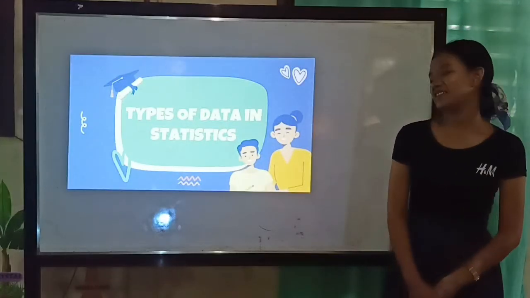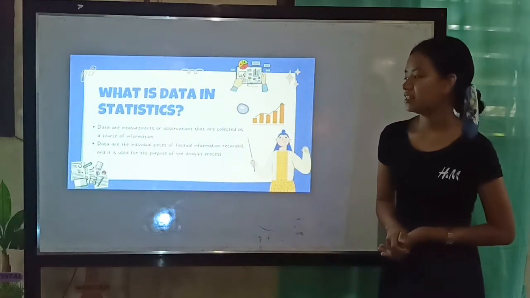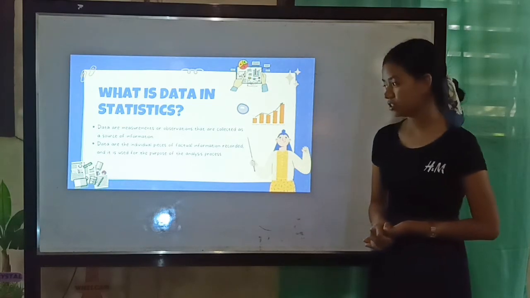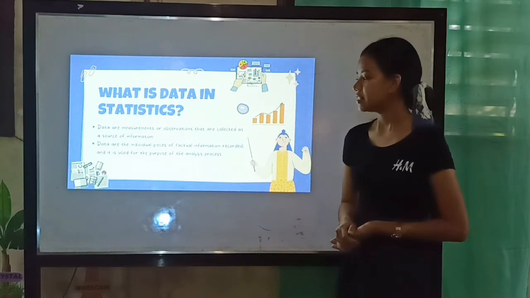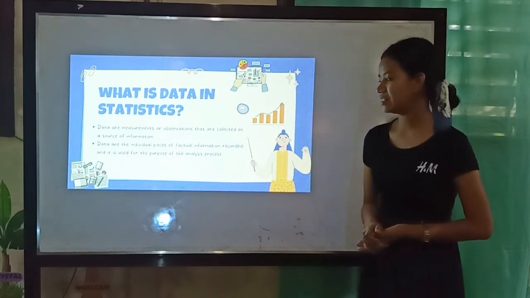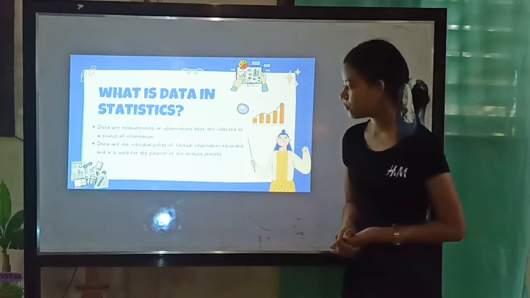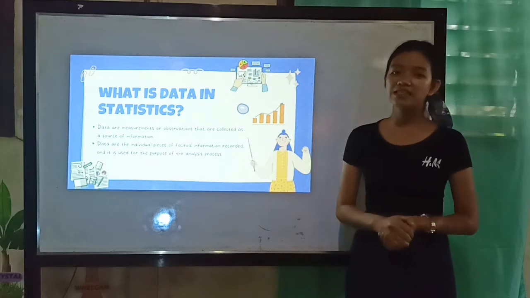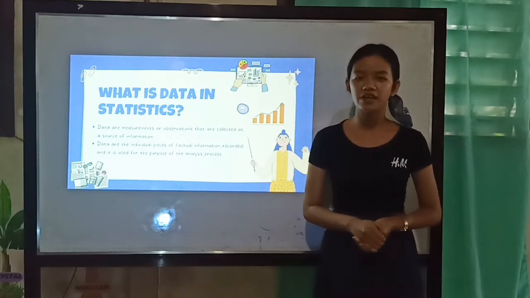Types of data in statistics. So what is data in statistics? Data are measurements or observations that are collected as a source of information. Data are the individual pieces of factual information recorded and it is used for the purpose of the analysis process. So data is the raw information from which statistics are created.